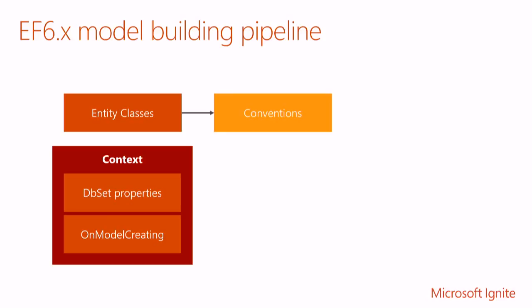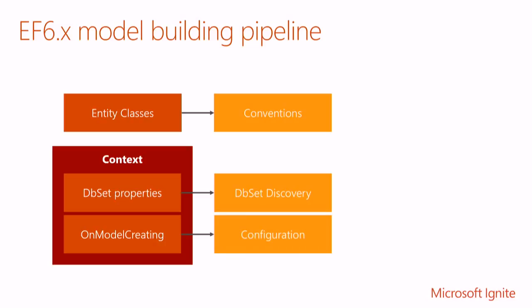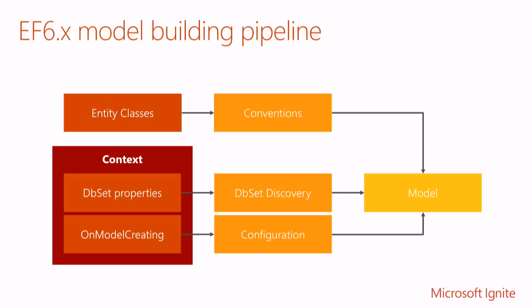Then you write your DbSet properties, and we see what the real instances are that you've created of your entity. Then EF does the DbSet discovery, and then you do OnModelCreating, where you probably enhance it a bit more, change table names and all that stuff. That becomes the configuration for us. And then finally we create the model.